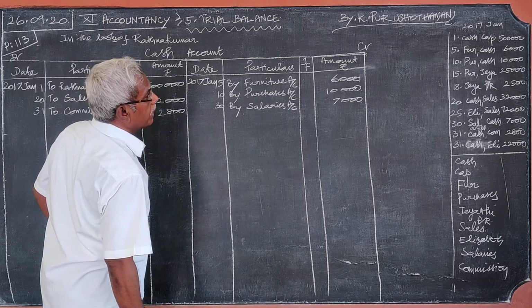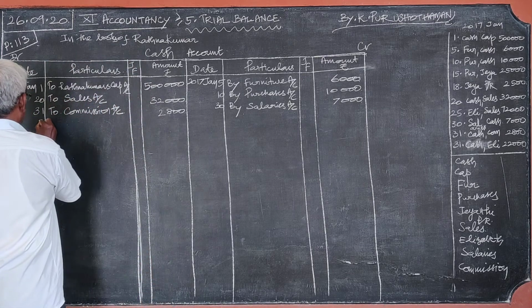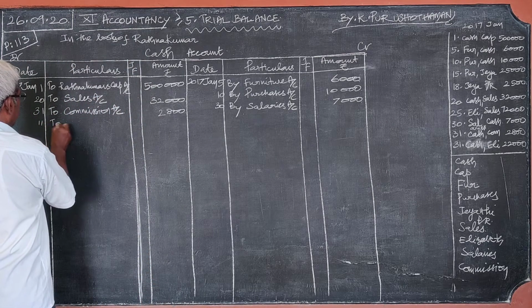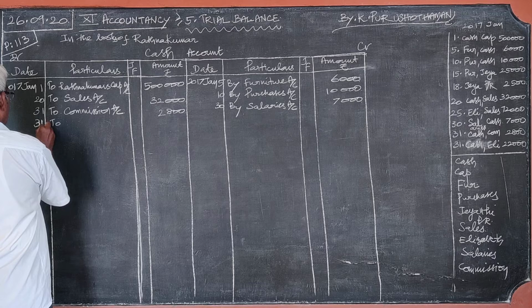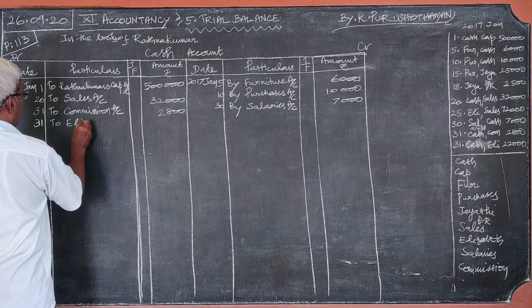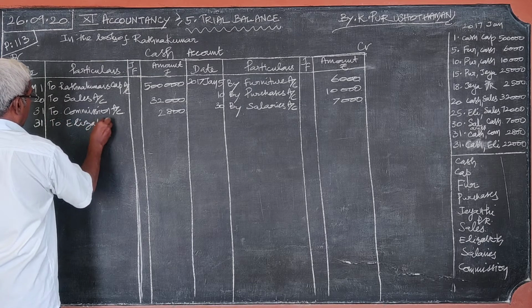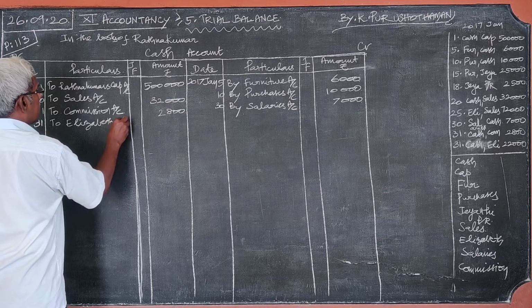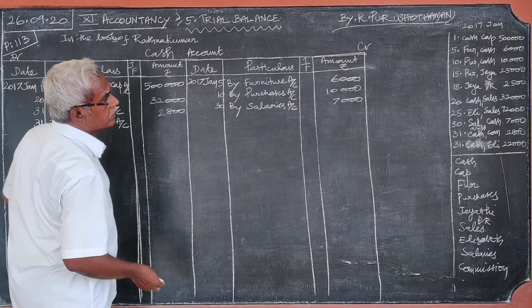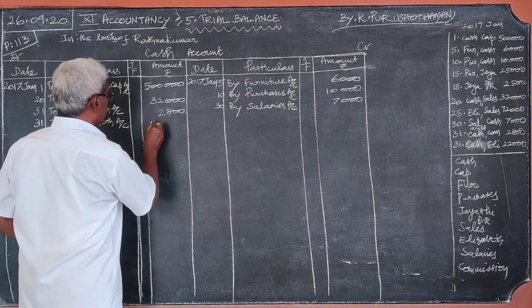Then next one, Elizabeth, the same date, to Elizabeth account 22,000.